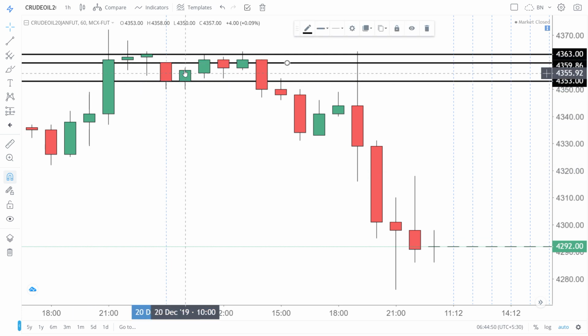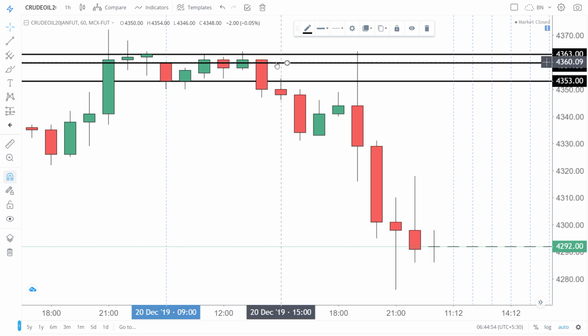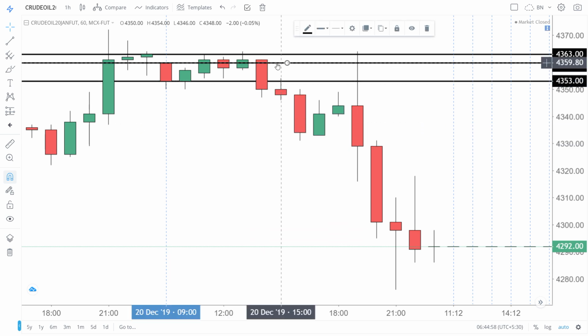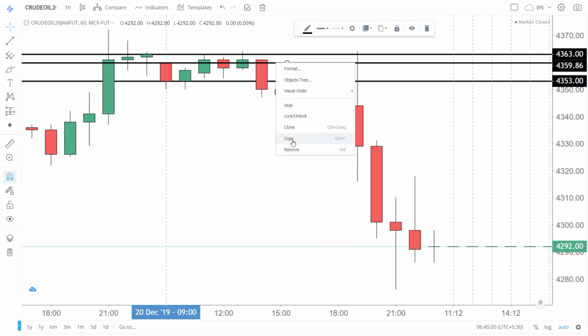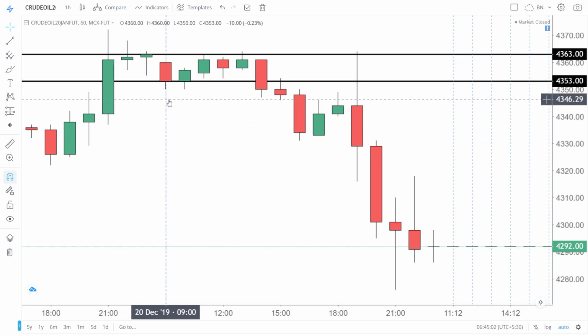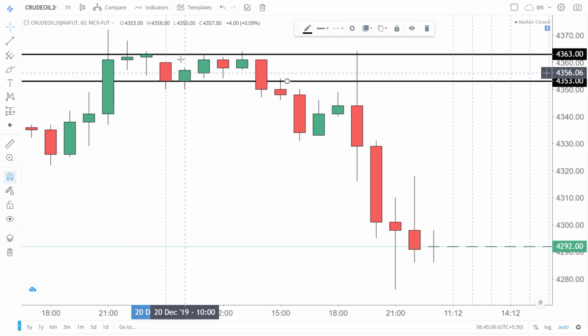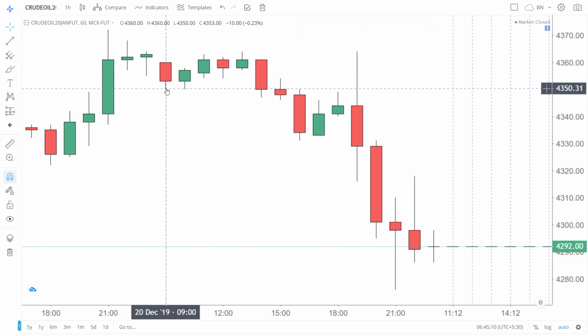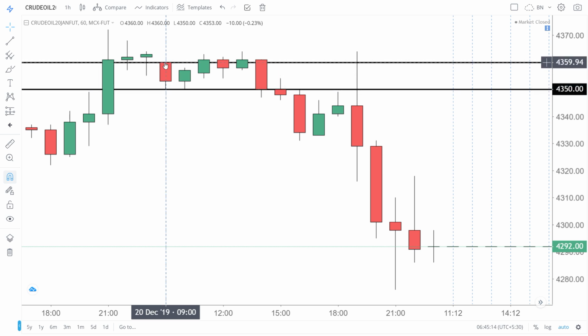Now, what do I have to do? I have to mark the high and low of my red turtle candle. This is the red turtle candle.